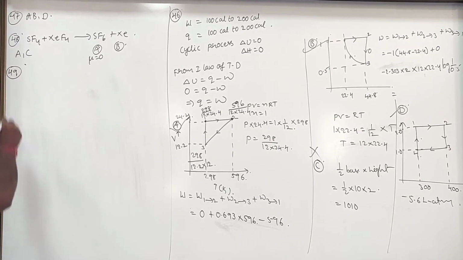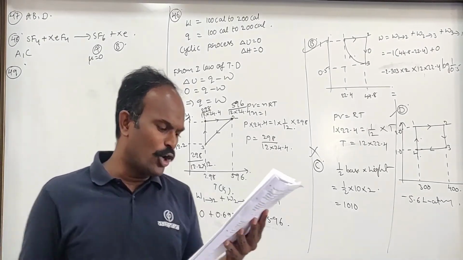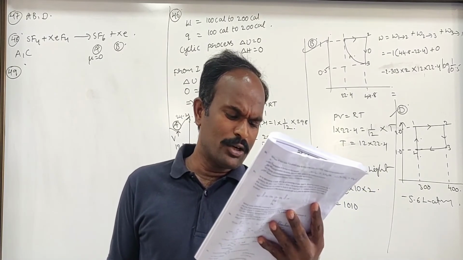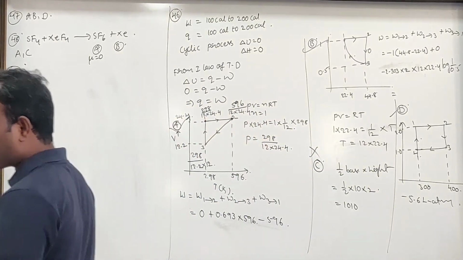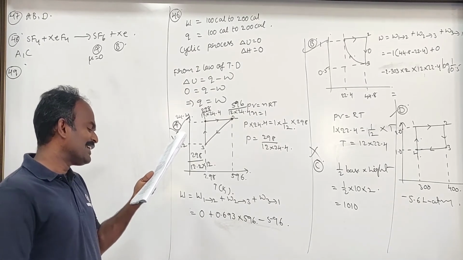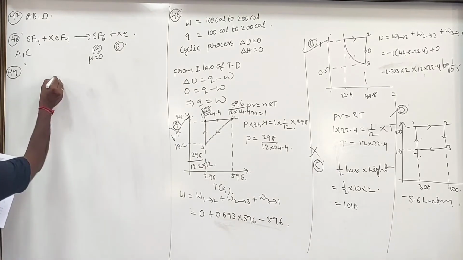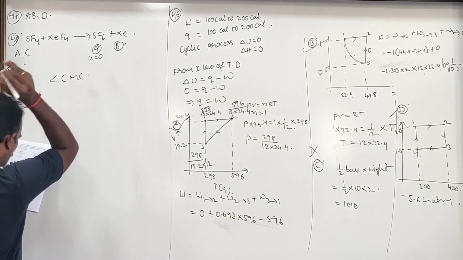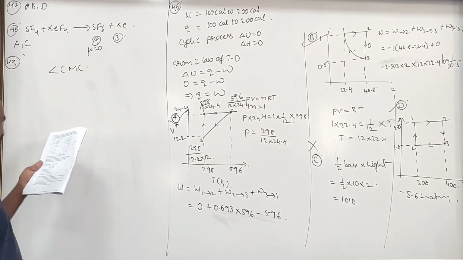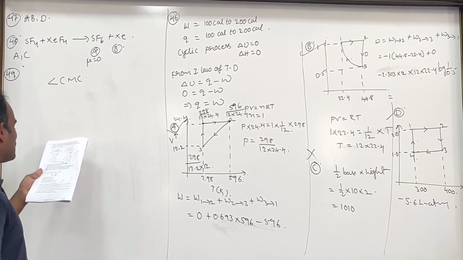Question number 49. Which of the following is or are correct regarding entropy? The entropy of solution formed is higher if detergent concentration is slightly less than CMC, as compared to when its concentration is slightly more than CMC.